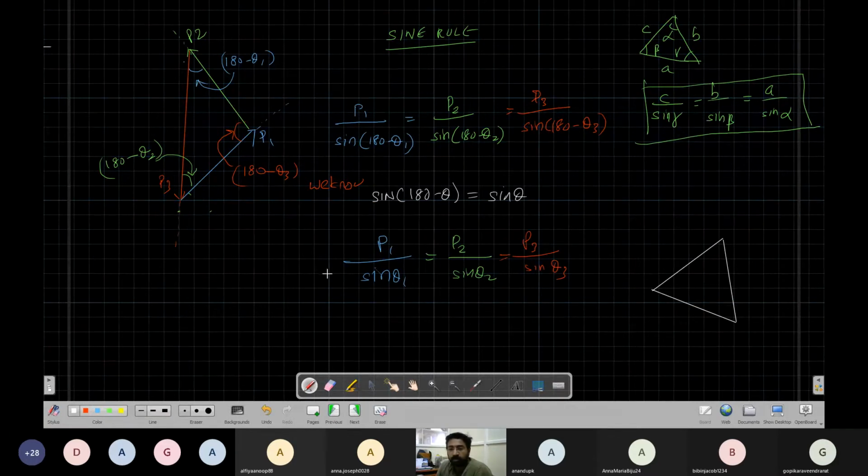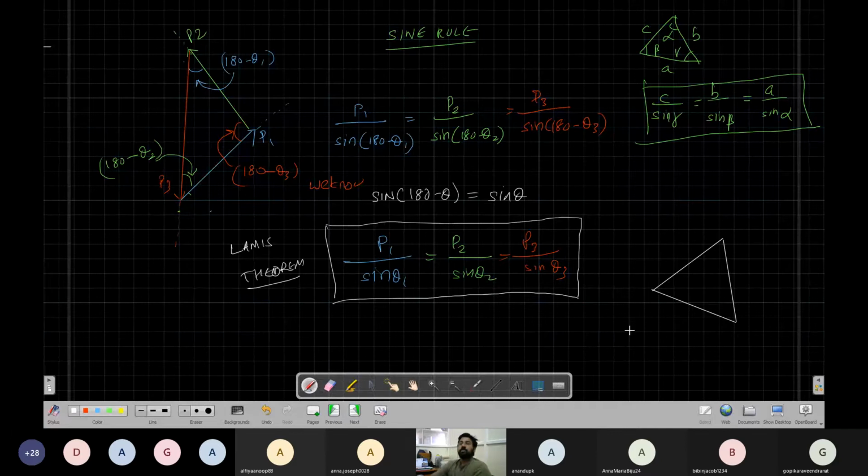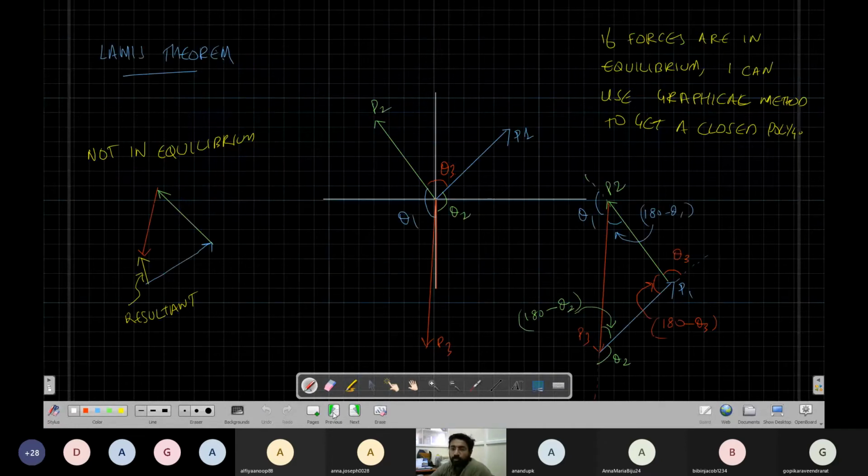So this is what is known as Lami's theorem. This is basically a tool to help you solve problems.